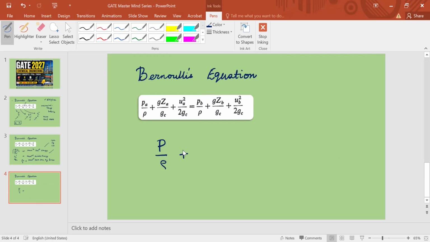P by rho, and then U square by 2gc, plus g by gc of Z. So this is the term we are referring to. Okay, so this is the one you need to remember when writing the Bernoulli's equation. This is how we try to understand the Bernoulli equation.